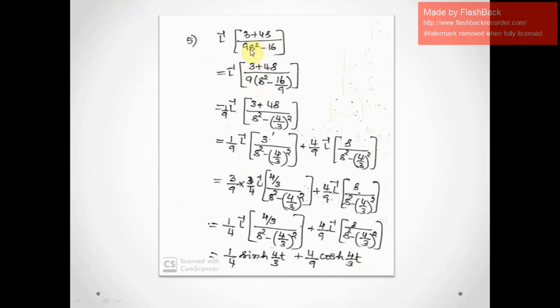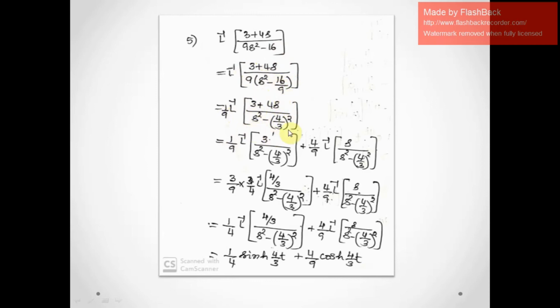When I take 9 from both the terms, from the first term 9 comes out, from the second term it comes out as 4 by 9, and the 9s got cancelled. I can take a constant outside, 1 by 9 comes out as 1 by 9. L inverse of 3 plus 4s by s square minus, I'll convert this into a square representation, 4 by 3 whole square.